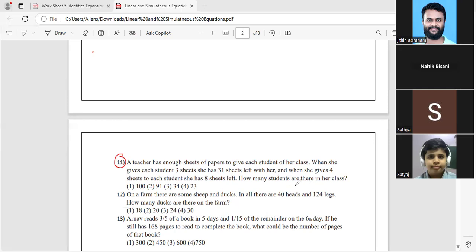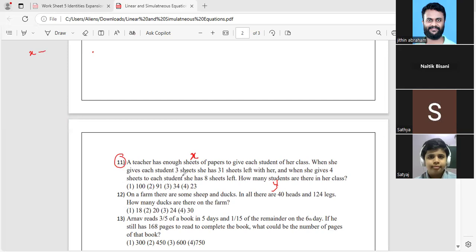So let me consider the number of students she has is y, and the number of sheets she has is x. So x is the number of sheets and the number of students will be y. Okay, just anything, it doesn't matter. Now, out of x sheets, she's distributing. So initially she had x sheets. Now she's distributing. Definitely when she distributes, it reduces.